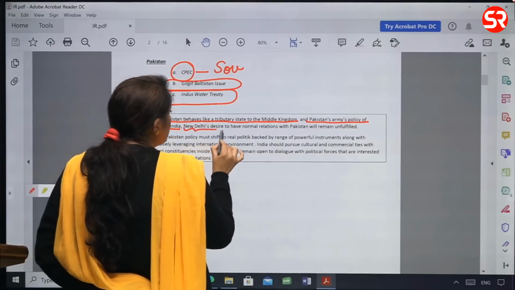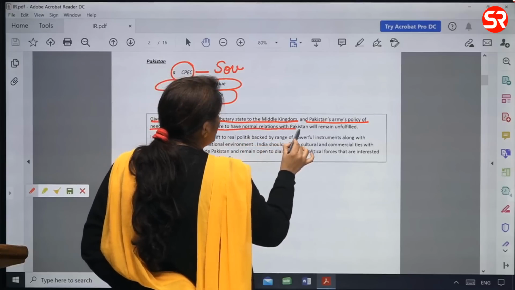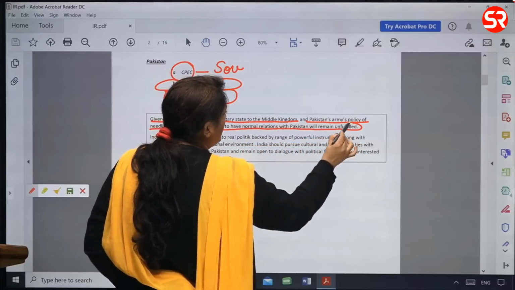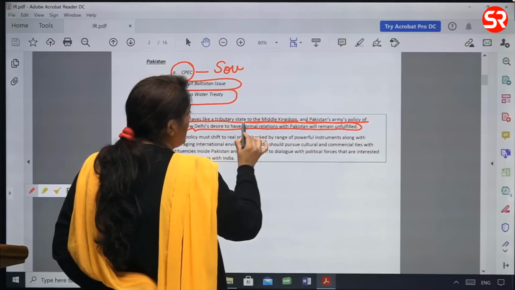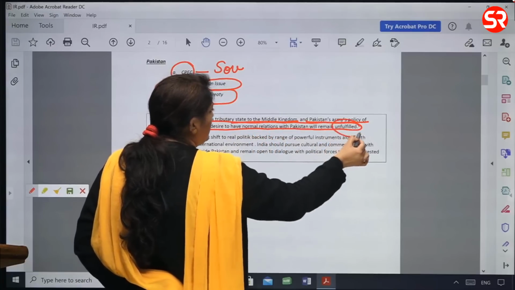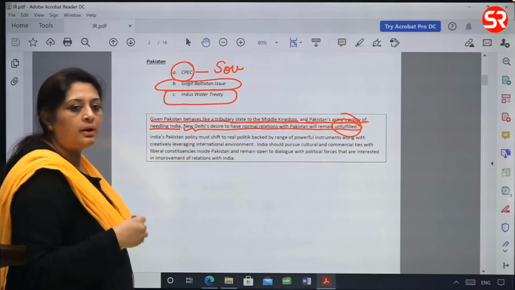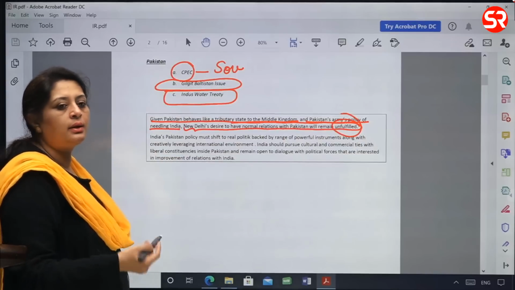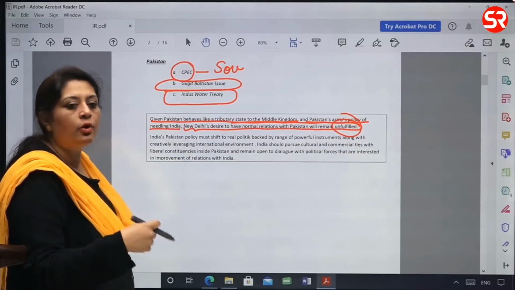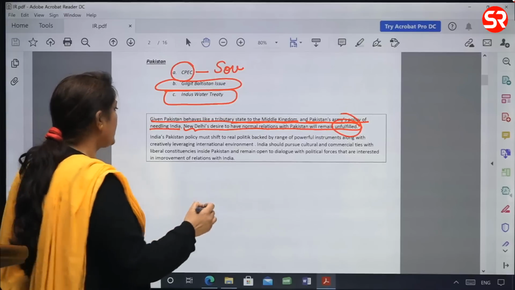New Delhi's desire to have normal relations with Pakistan is going to remain unfulfilled, at least for a few more years.